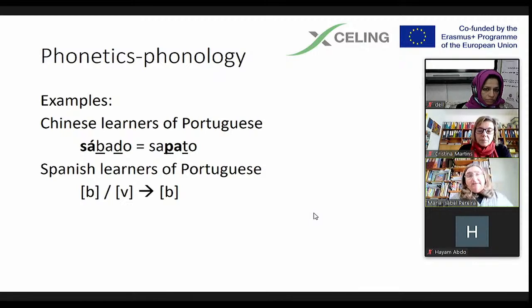So when there's not just a phonetic difference, but also a phonological difference, the difficulty is wider.